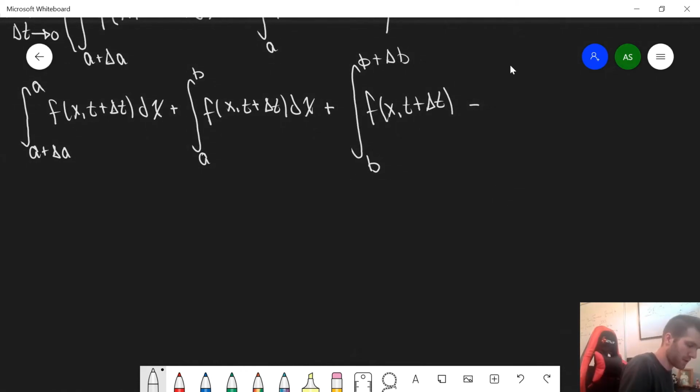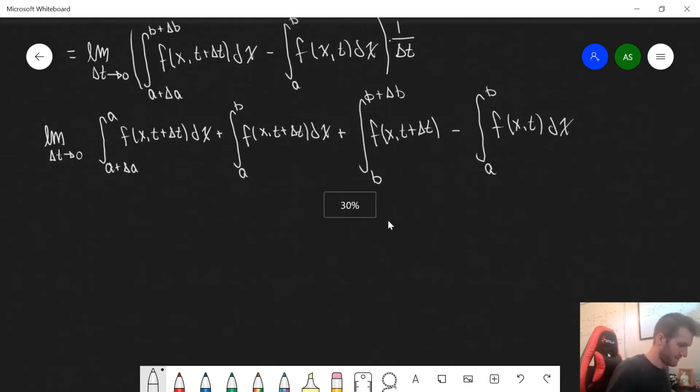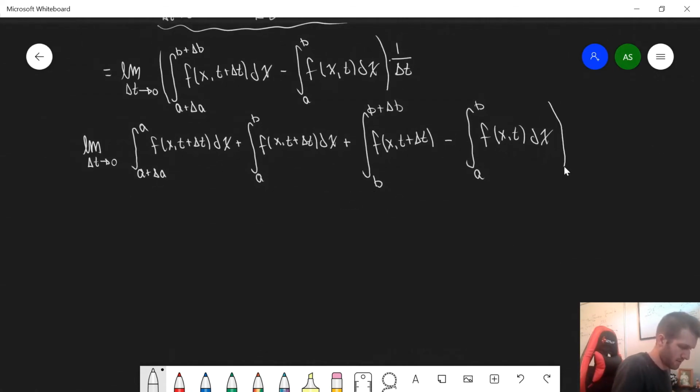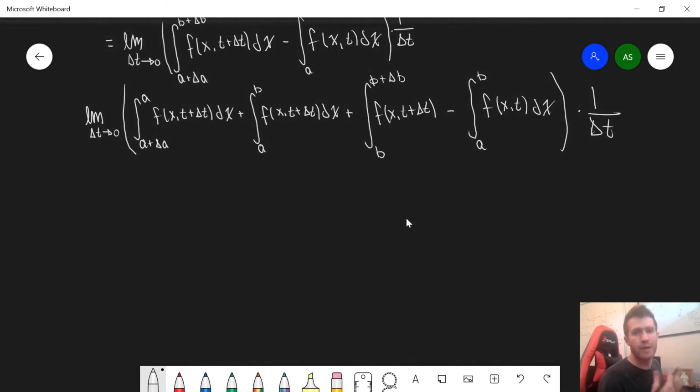So we're going to have this from a to b of our function composed with x and t with respect to x. And to keep expanding this out here, so this is going to be parentheses off. And remember, we still have that 1 over delta t here. Okay, now we want to rearrange this a little bit. We want to adjust the boundary of this first factor here.